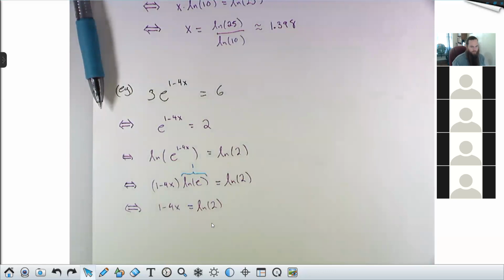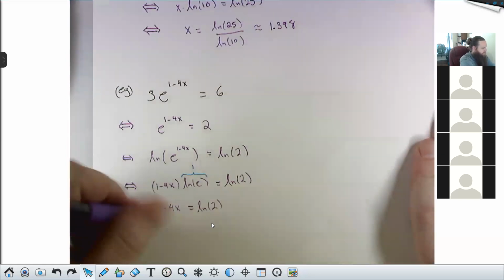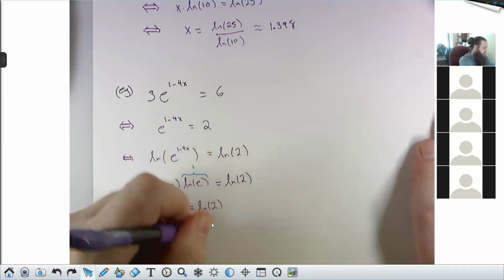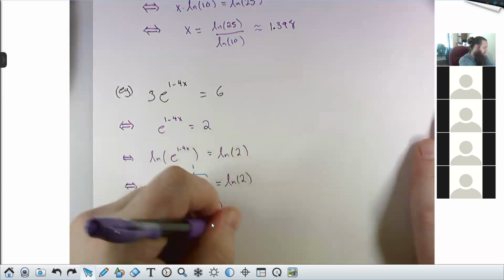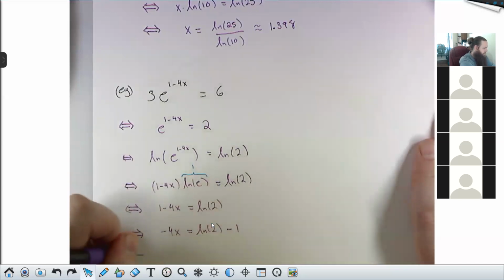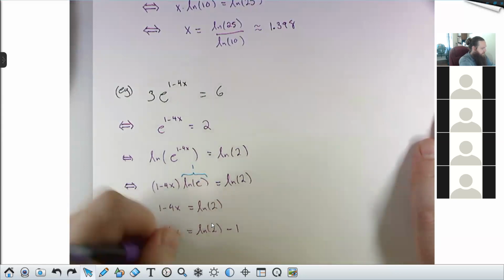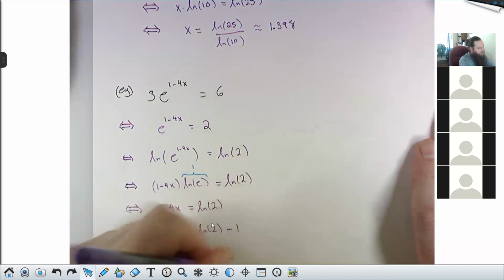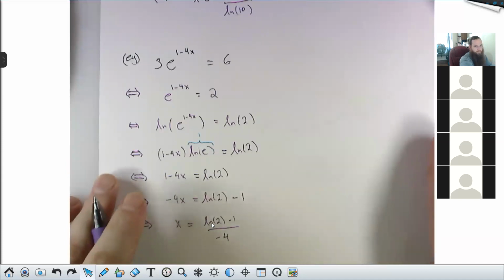And now you can solve for x. This is a linear equation now. Subtract 1. Divide by -4. And you're golden. That's job done.